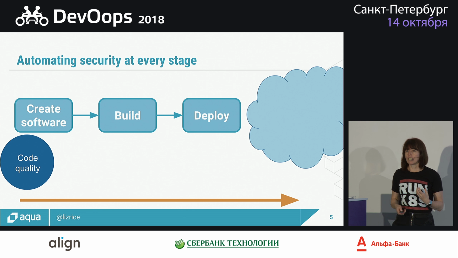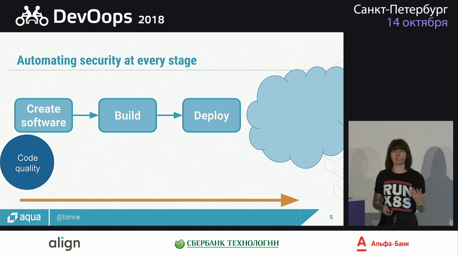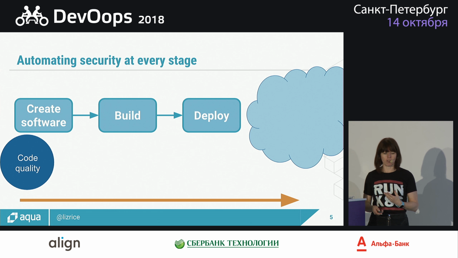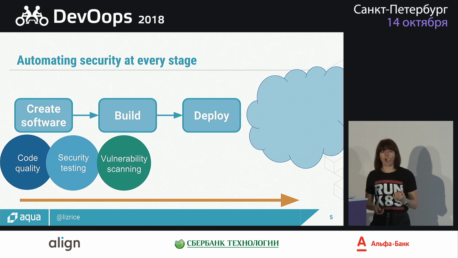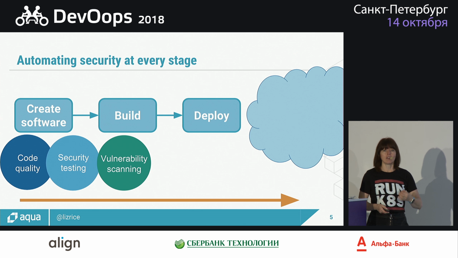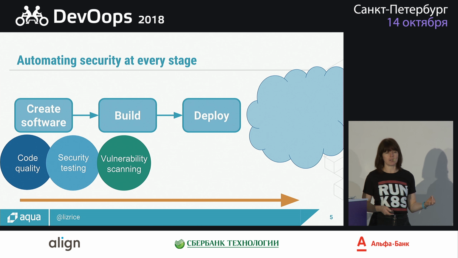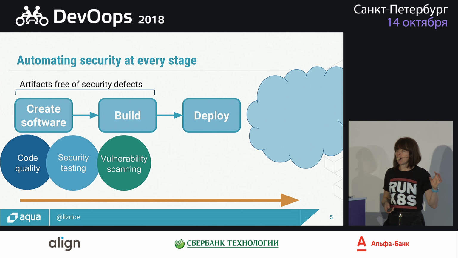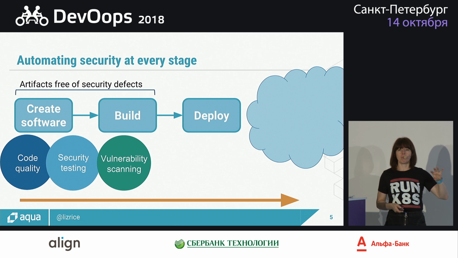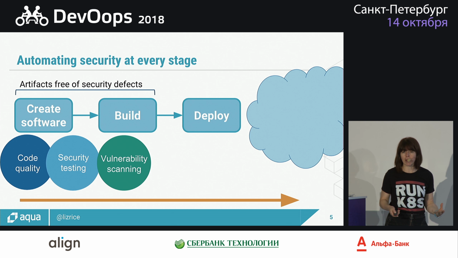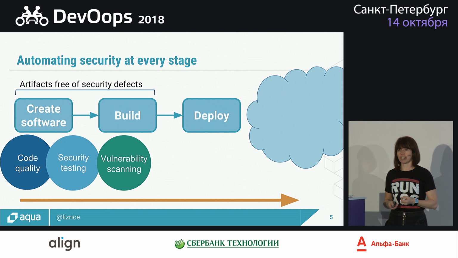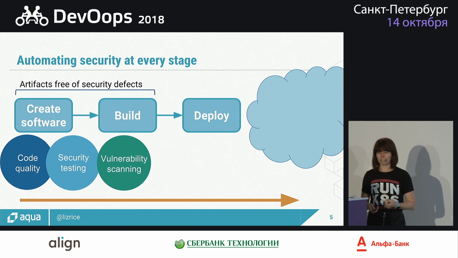We'll start with code quality. Security begins with the quality of the code that we're writing. We'll look at some security testing, and we'll look at scanning dependencies for vulnerabilities. So the idea is that we end up building software that, as far as we can manage, is as free from security defects as possible.